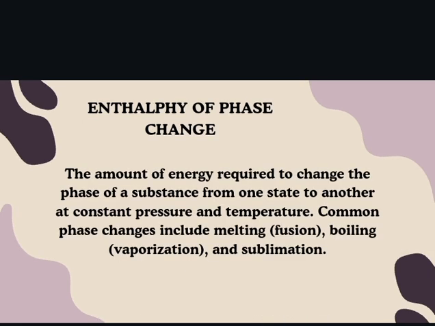Enthalpy of phase change. The amount of energy required to change the phase of a substance from one state to another at constant pressure and temperature. Common phase changes include melting, fusion, boiling, vaporization, and sublimation.